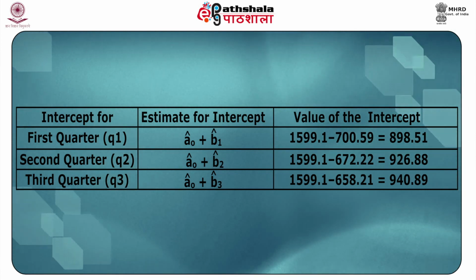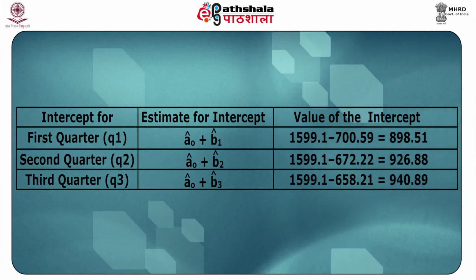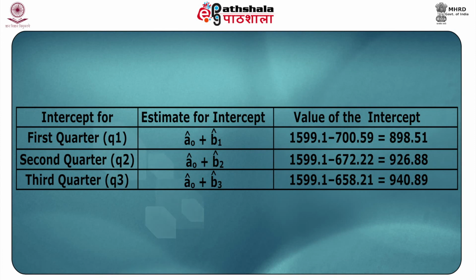For the second quarter, that is Q2, intercept is A hat 0 plus B hat 2 and the value of the intercept is 1599.1 minus 672.22, which is equal to 926.88.